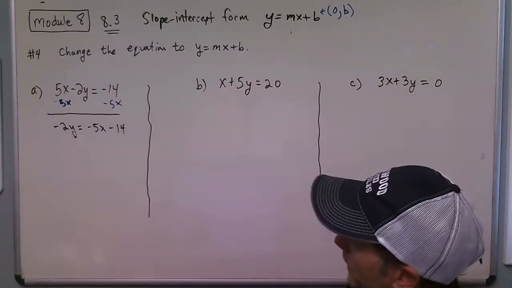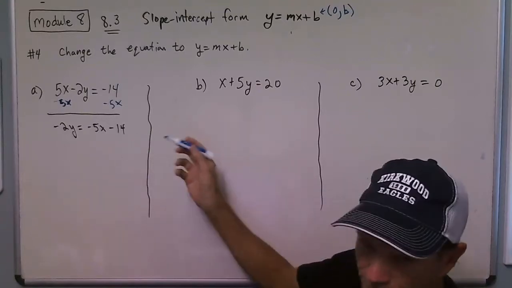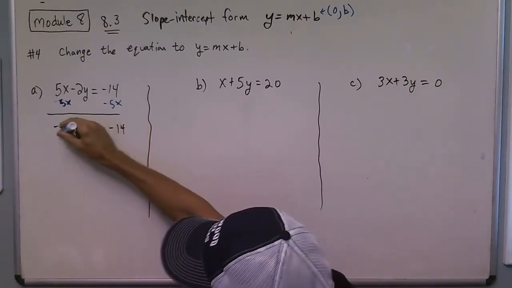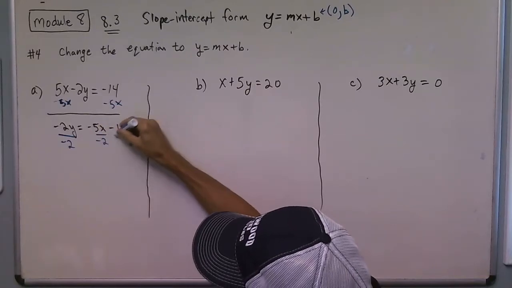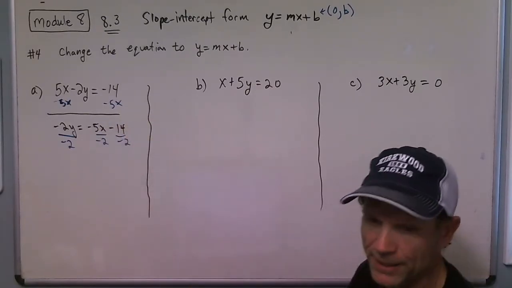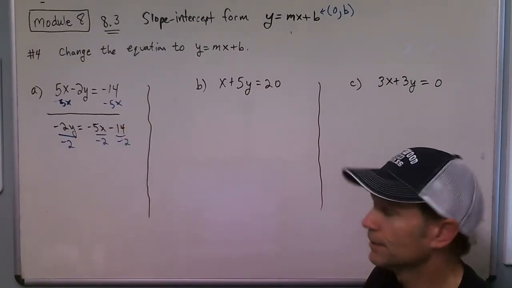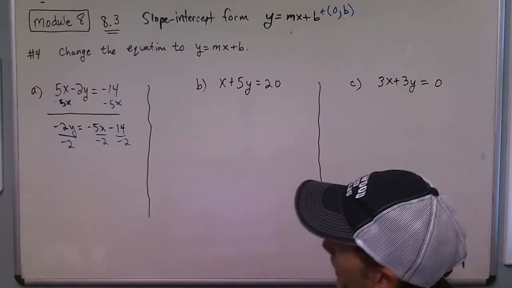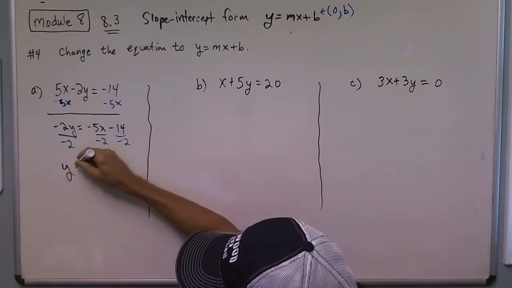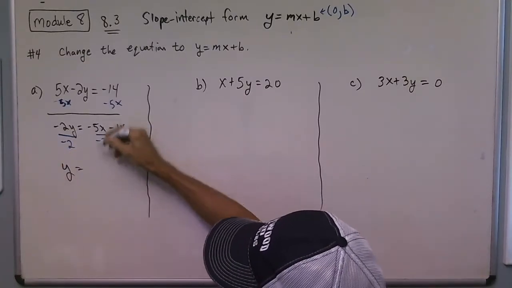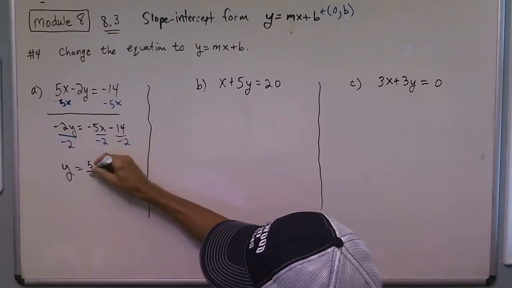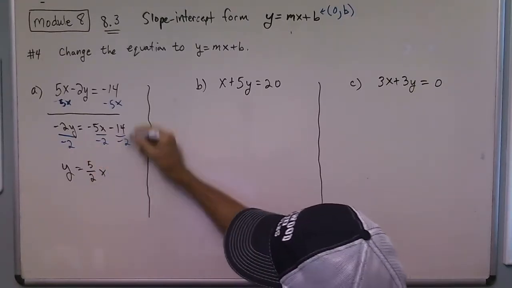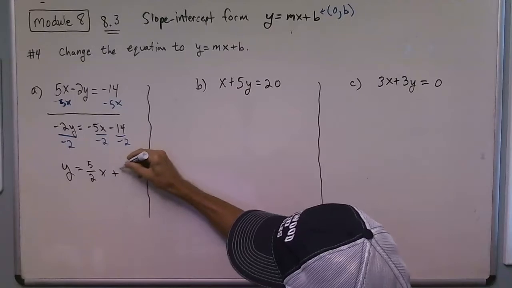Okay, and then I like to divide both sides by negative 2, or whatever number's in front of the y. And the way I like to show this is divide by negative 2 into everything. Okay, and then what I end up with here is y equals, double negative here, 5 halves x, double negative here, plus 7.